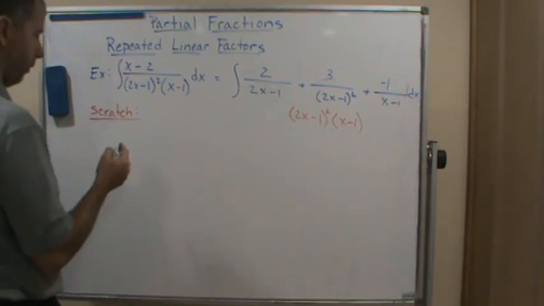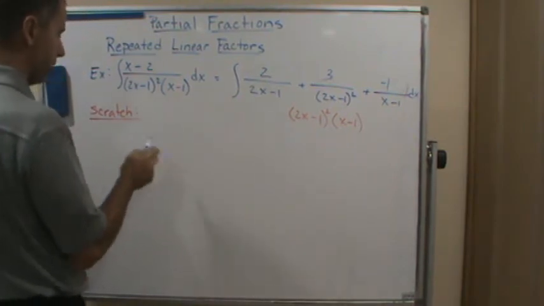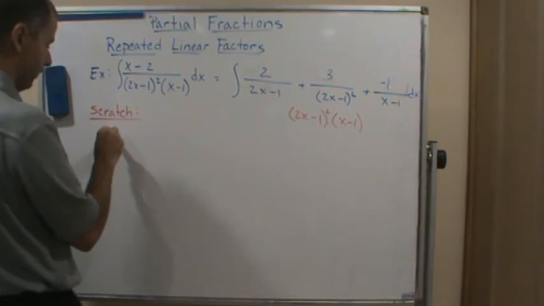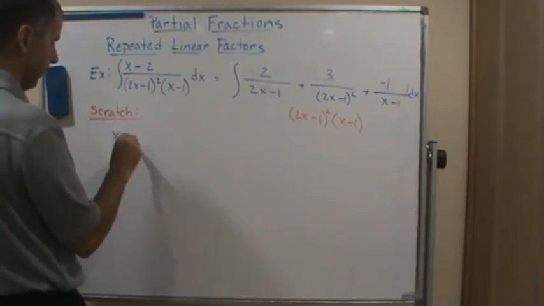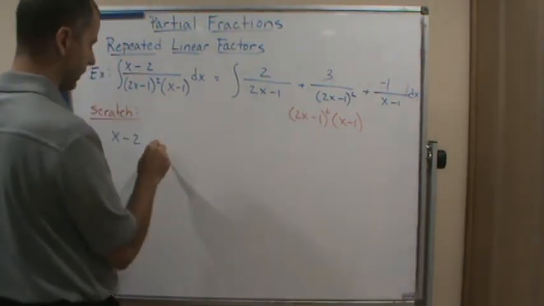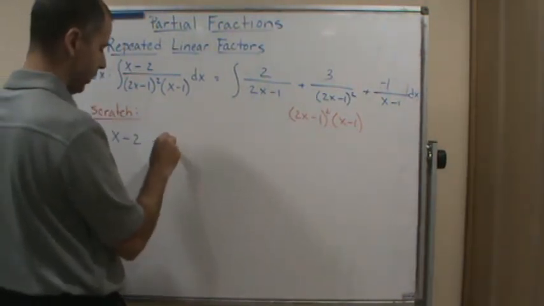Okay? So, if we equate the numerators, we know that we get x minus 2 equals, again, I'm going to write out the equation.